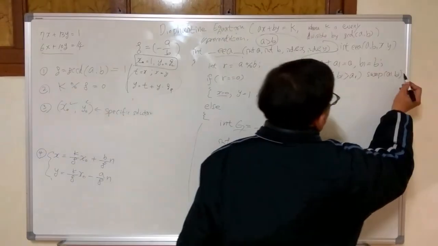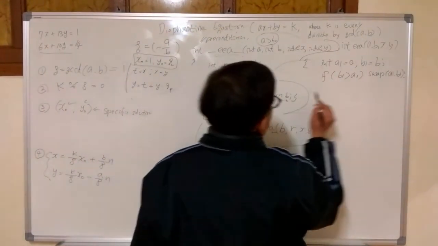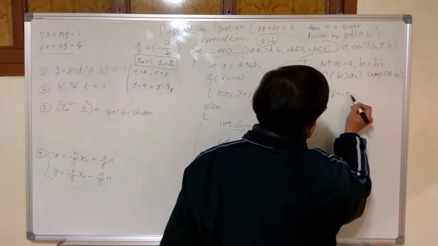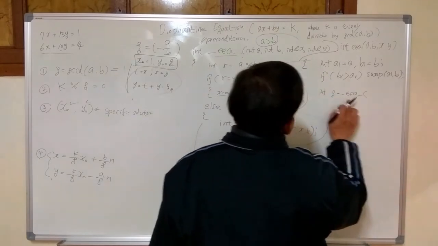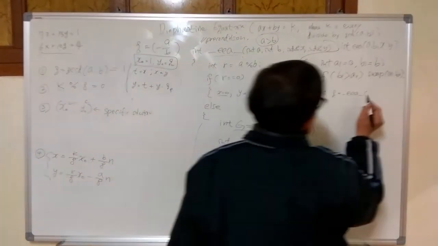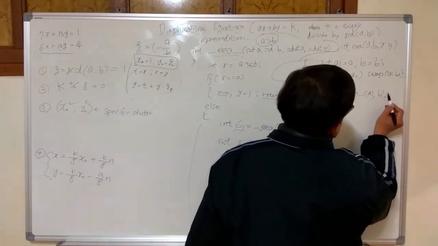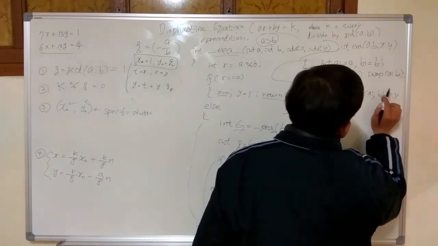After this, we call this function: int g equals EEA_ with A1, B1, X, Y, like this.